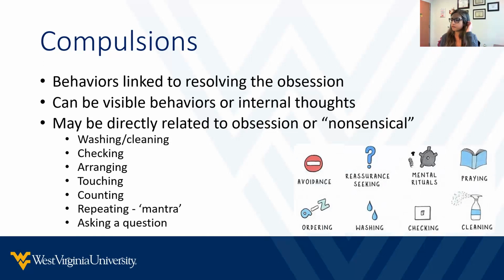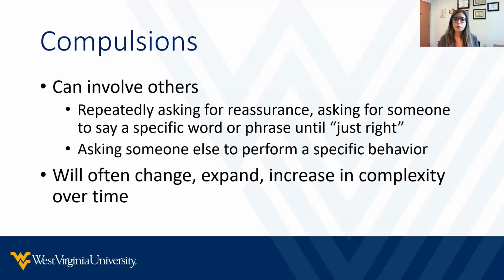So those are some examples from those doodles that you can see with the compulsions. Compulsions can also involve others. So repeatedly asking for reassurance, and we see this a lot with children, asking their loved ones or their attachment figures to help them feel better, and engaging them in that compulsion to make sure that they did nothing wrong, to make sure that they're good, that they're loved.